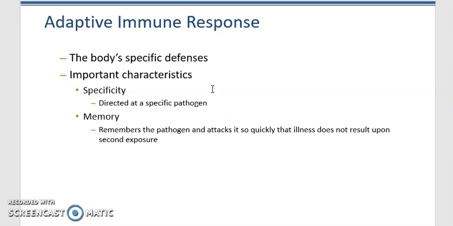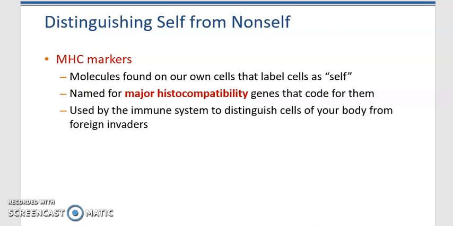So these are long-lived cells that if we encounter that specific type of pathogen again, then a secondary immune response can be invoked, which really can deal with that infection a lot quicker, because we have all of the defense forces, the B cells and the T cells, that can then divide quickly and deal with that pathogen the second time around.